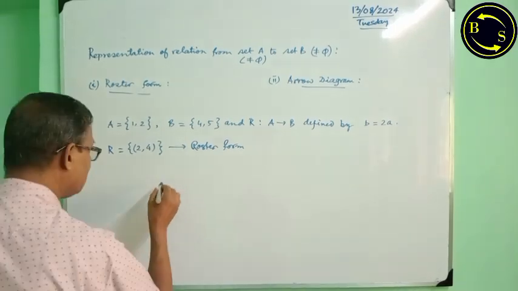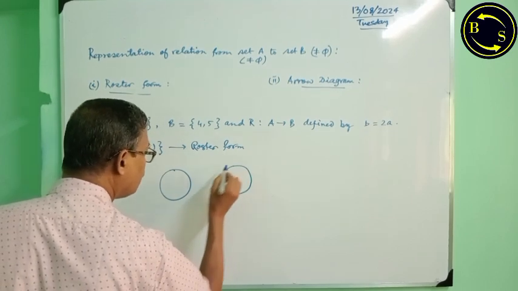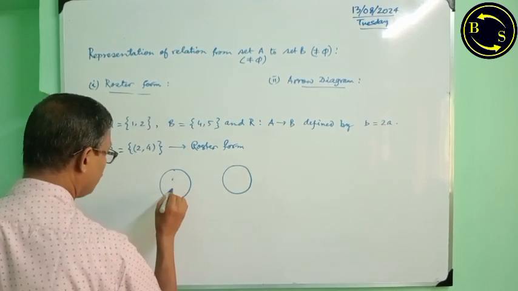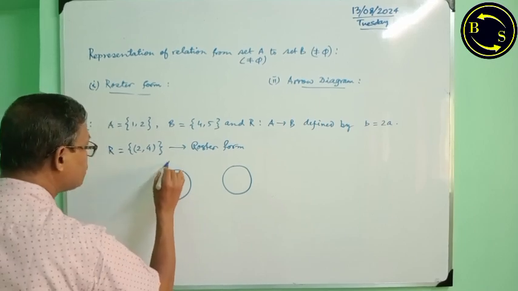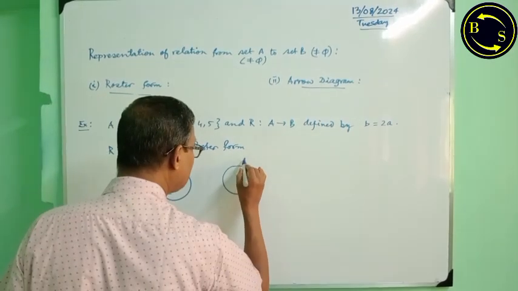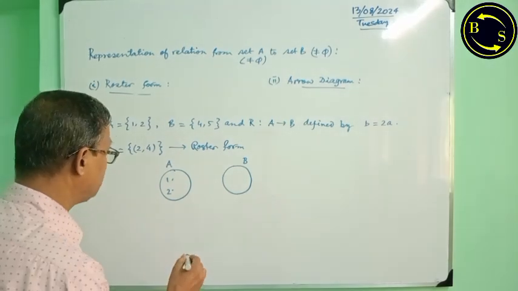Then for the arrow diagram, this is set A and here we are applying in diagrams actually.